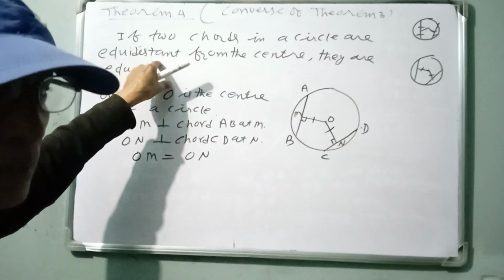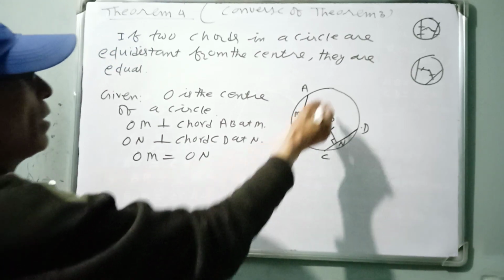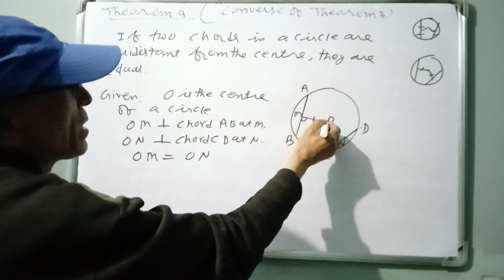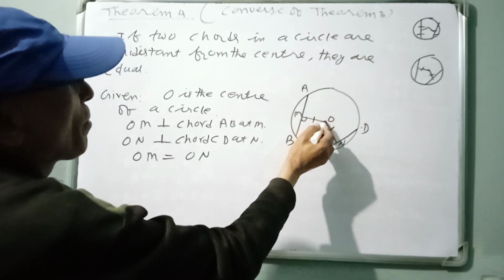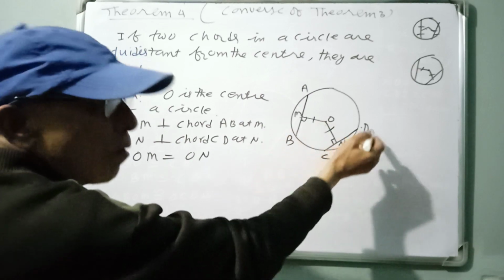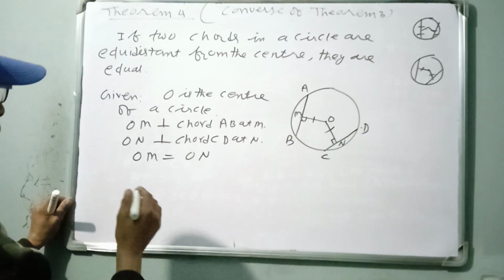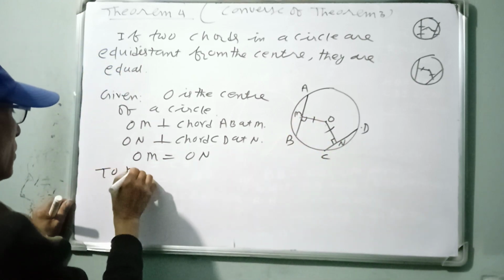Here equidistant means perpendicular distance. What is given? Center, chord AB, chord CD. This perpendicular OM on AB, ON on CD at N. OM equal ON. What is to prove?